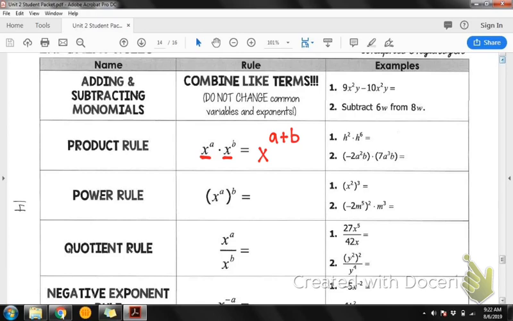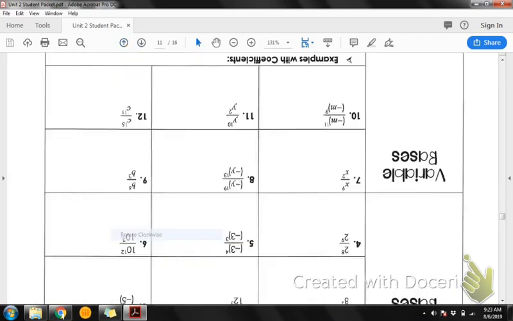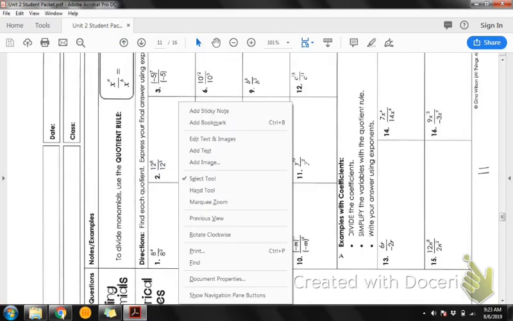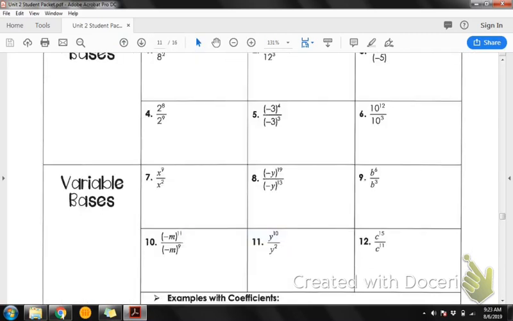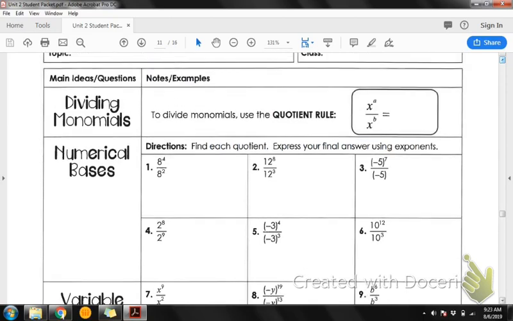Okay, hop back over to dividing monomials. So that's going to be on page 11. We're still in the same lesson. All right, so when we are dividing monomials, we use what's called the quotient.